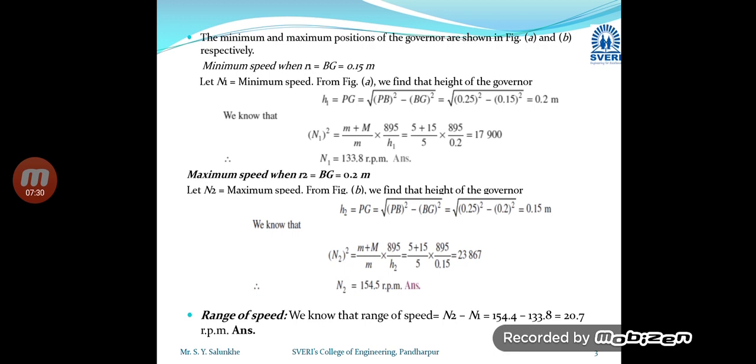Now we know the arm length is 0.25, and we know that BG is the radius, so the equation becomes under root 0.25 square minus 0.15 square, and we get the answer as 0.2 meter.